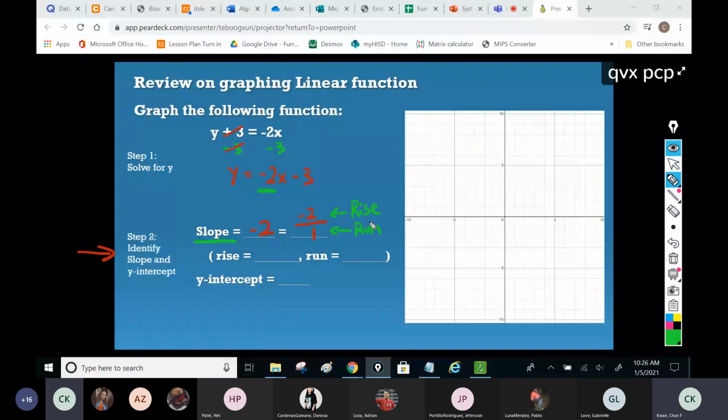So now we can see that the rise is negative 2, which means it's actually going down, right? And then the run is 1. So it will drop down 2 units, and it will run across 1 unit.